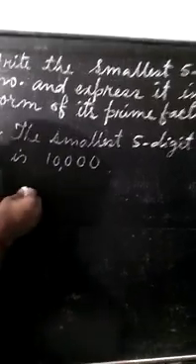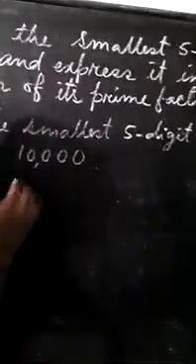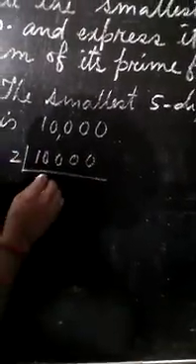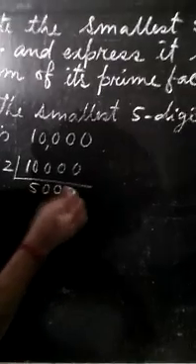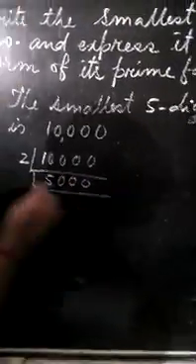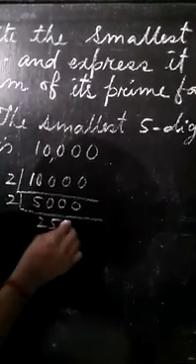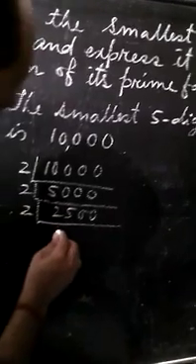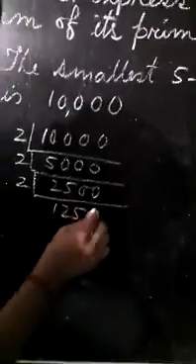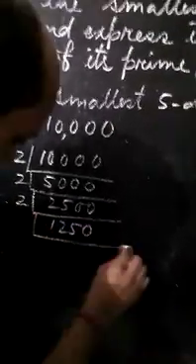Now, divided by 2, you will get 5,000. Students, you also do it in your copy. Next again by 2.